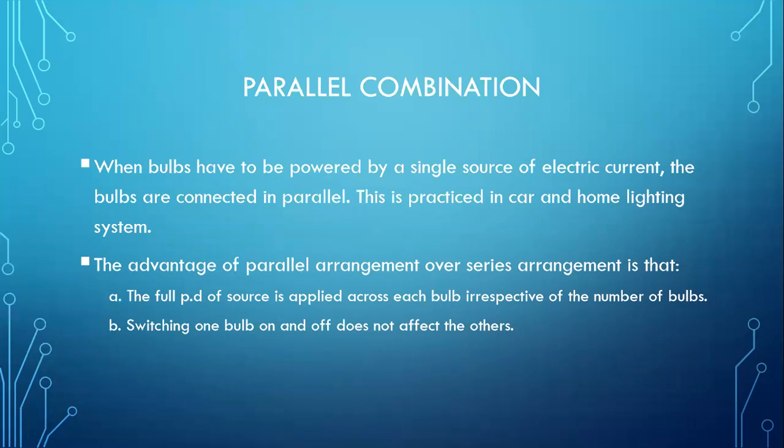And the second, that switching one bulb on and off does not affect the others, whereas if you tried to connect them in series, switching one bulb would affect the other one. But in parallel combination, switching one bulb will not affect the other, which might remain turned on or off.